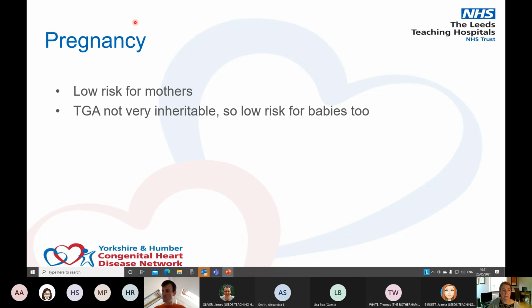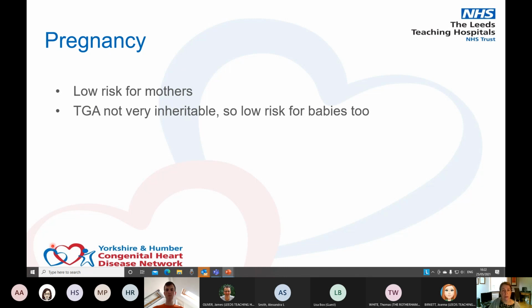What about pregnancy? Again, because these guys are fairly young, probably going back 10 years ago, we didn't have very many who'd been through pregnancy, but now those numbers are increasing. It's pretty much low risk for mothers.